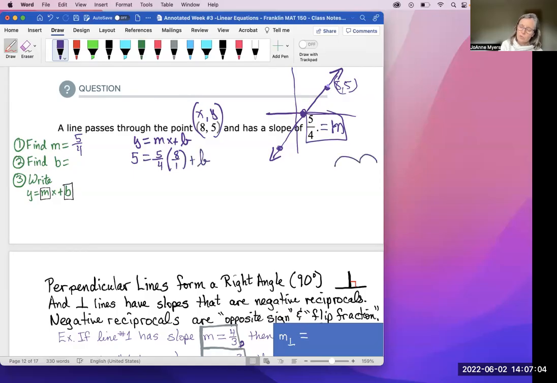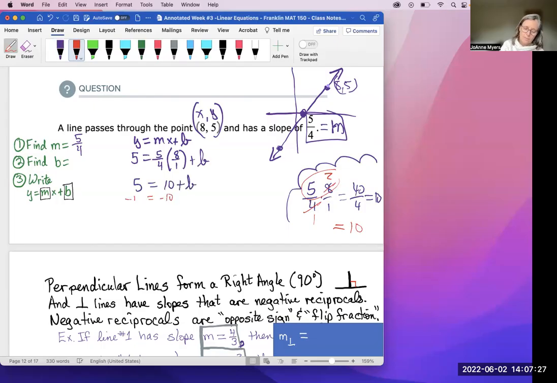If you need some scratch work, 5 over 4 times 8 over 1 is going to be 10. Personally, I would reduce the 8 and the 4 first and recognize that my answer is 10. So 5 is the same thing as 10 plus b. Plus 10 is blocking my goal. -5 is my b.